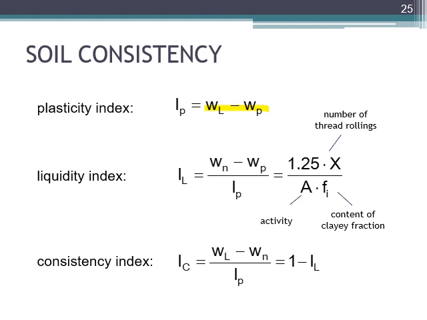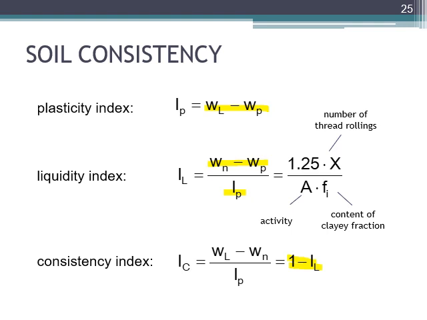The second parameter is the liquidity index, which is the difference between the natural water content and the plastic limit compared to the plasticity index. And the consistency index is very similar to the liquidity index. Actually, if you know the liquidity index, you can calculate the consistency index using this formula, so 1 minus IL.